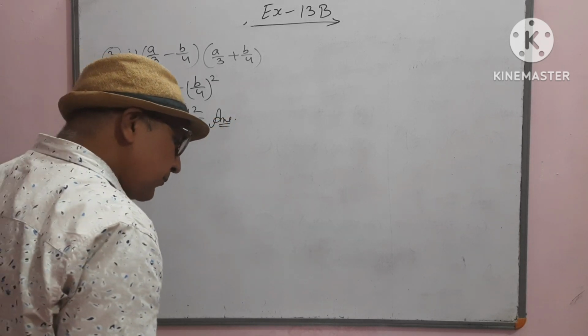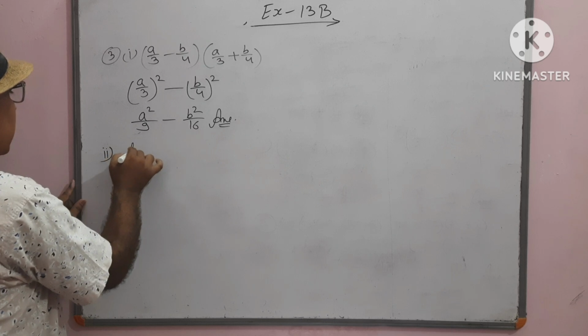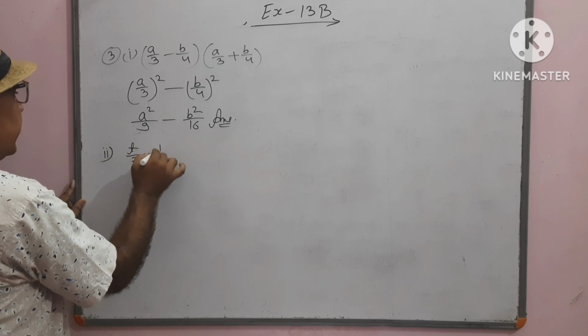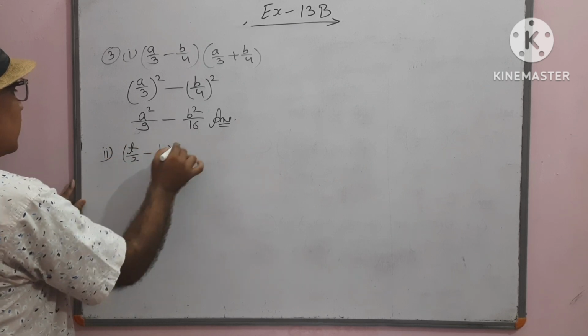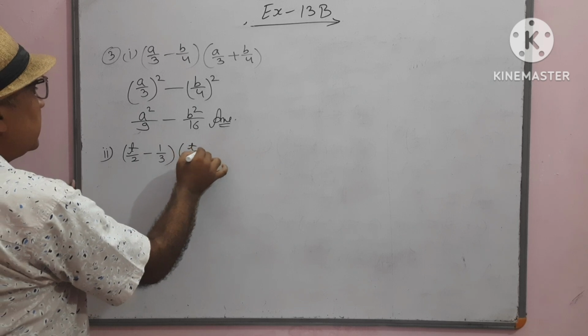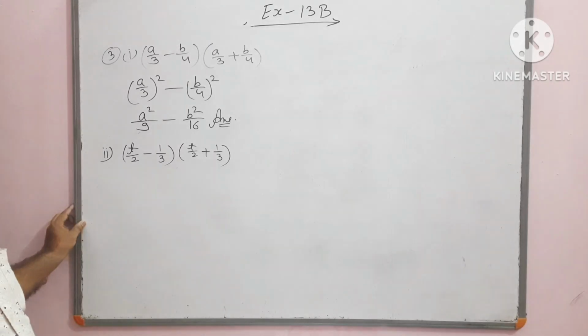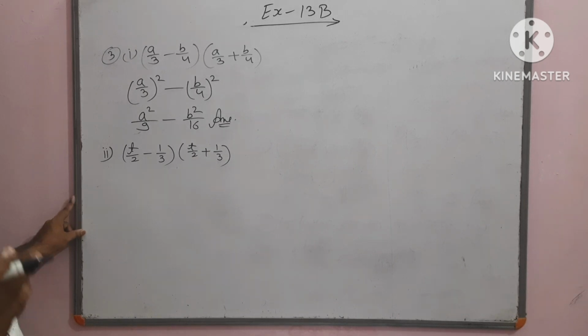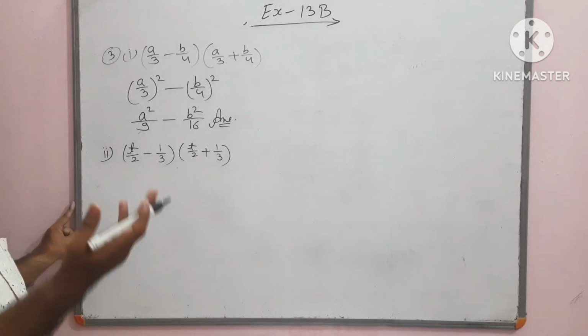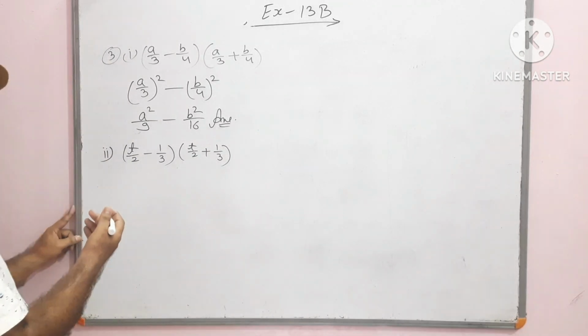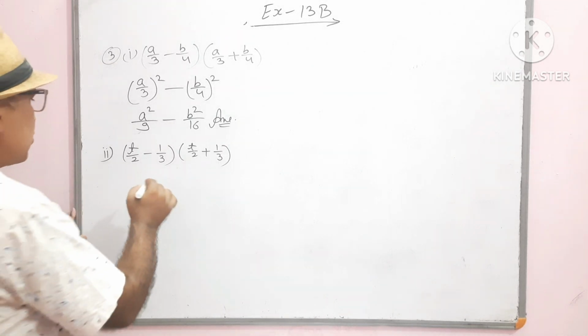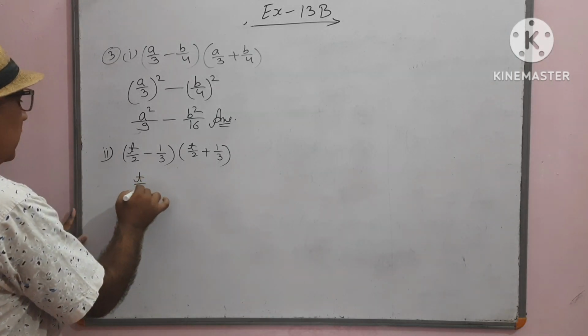Okay. Now second part. Second part is t by 2 minus 1 by 3, t by 2 plus 1 by 3. Again the same question. Every question is looking the same, a minus b into a plus b. So you have to write a square minus b square. So what will you write here?